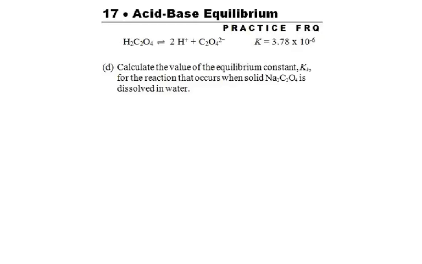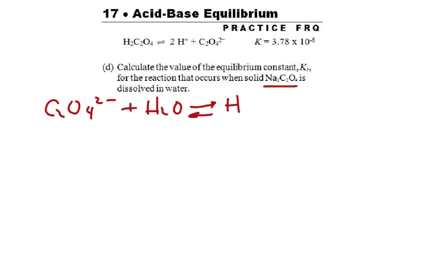The last little part of this is asking for what's the Kb if you had a solution of sodium oxalate. So the idea here is the oxalate ion is the conjugate base of the weak acid, and if you put it in water, then it is going to pick up a proton and leave some hydroxides in solution.